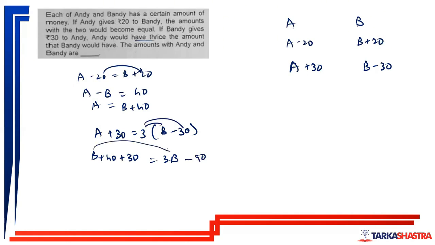So B, if it comes here, will become 2B, and this is 70 plus 90, that is 160. That is, B is equal to 80. If B is equal to 80, A is 120. So the amounts with ND and Bandy are 120 and 80 respectively. Making the equation is the main struggle.